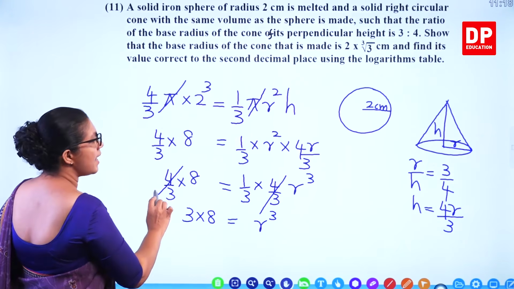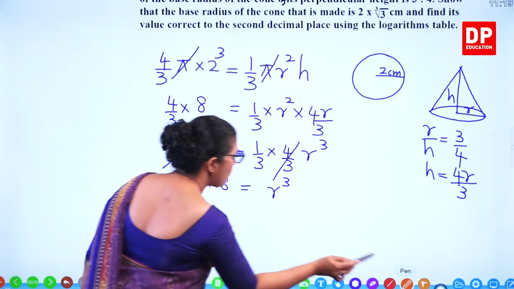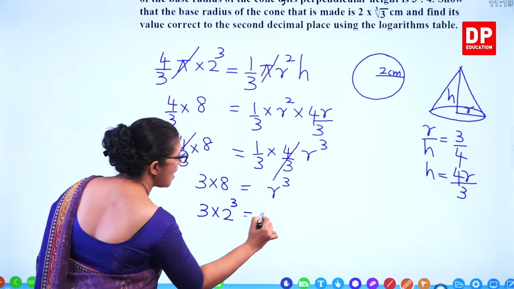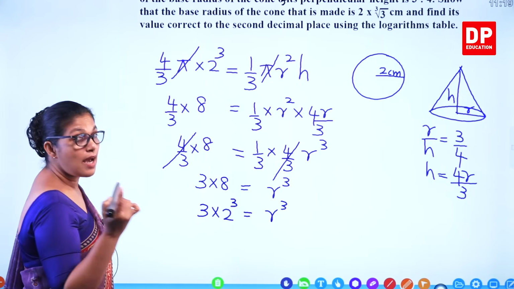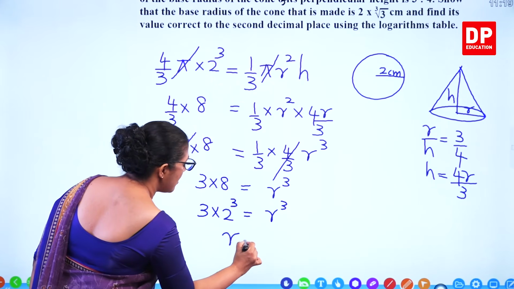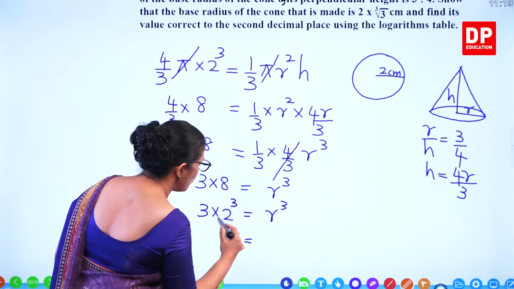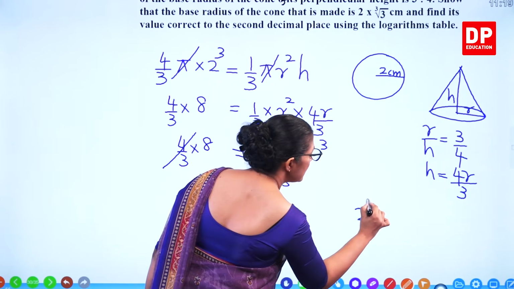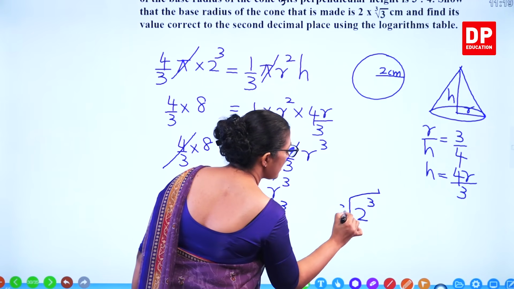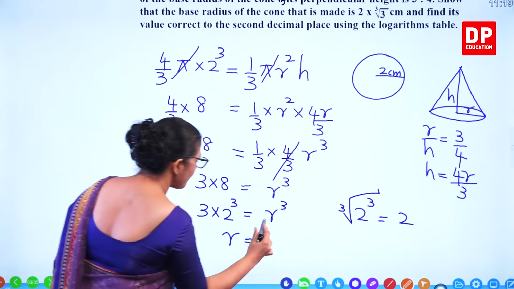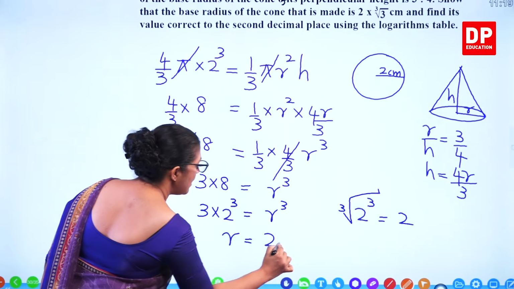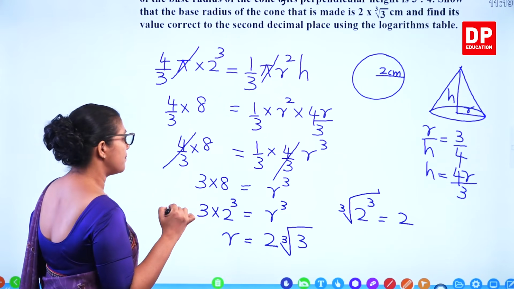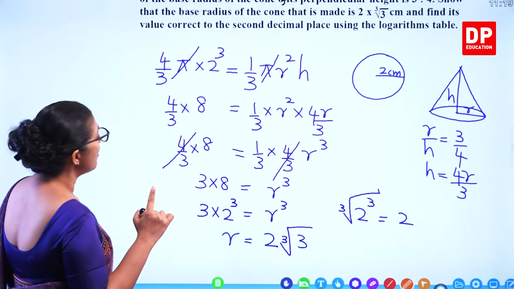What is 8? 8 I can write in terms of power 3. 3 times 2 to the power 3 is R cube. I need R now. What is R? Cube root of these. When you take the cube root, you get cube root of 2 to the power 3 is 2. So you get 2 here and cube root of 3. So that's the R value.